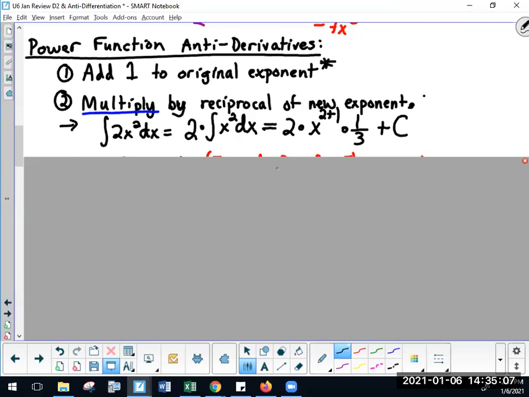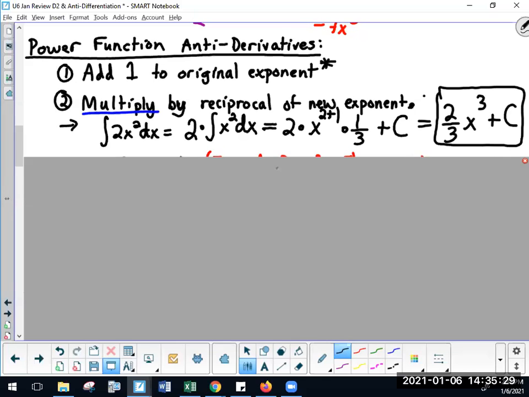We don't know what the constant is. We need to remind ourselves that such a constant exists. That's what the plus c does. So if we simplify, 2 times 1/3 is 2/3. 2 plus 1 is 3. So the antiderivative of 2x squared with respect to x is 2/3 x cubed plus c.